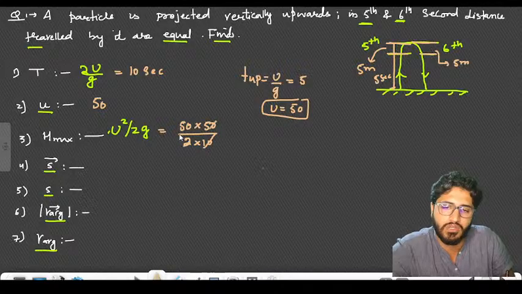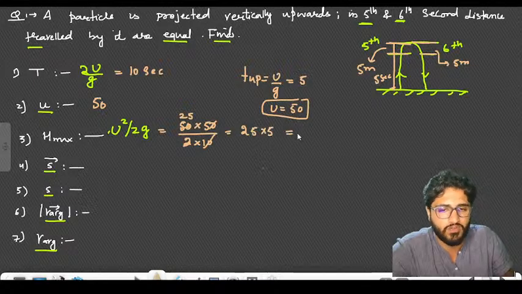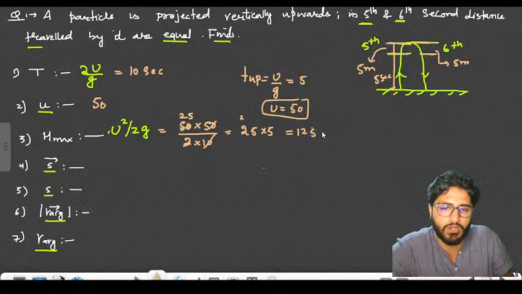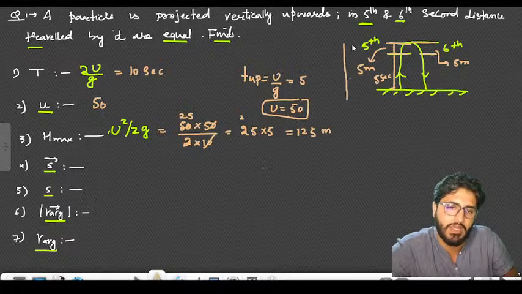Cancel out, so we have 25 into 5, which is 125 meter. So the particle goes 125 meters up.